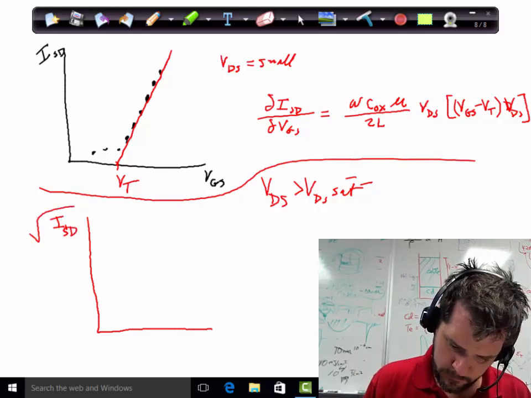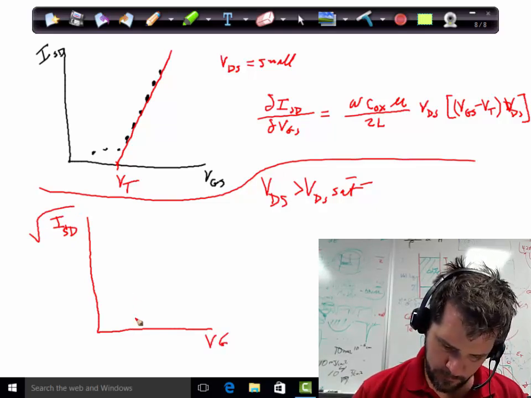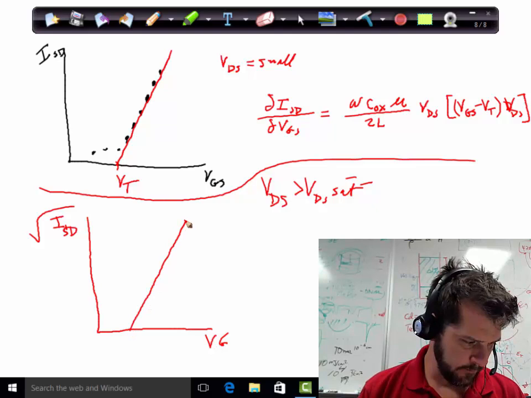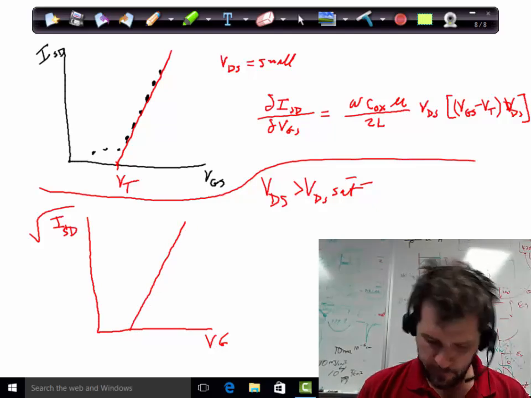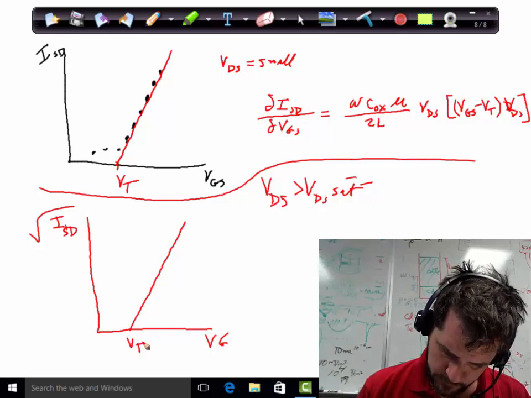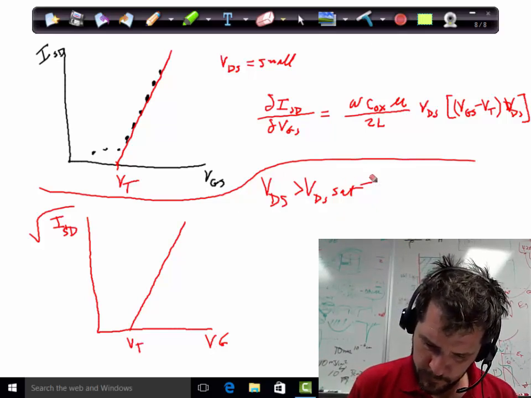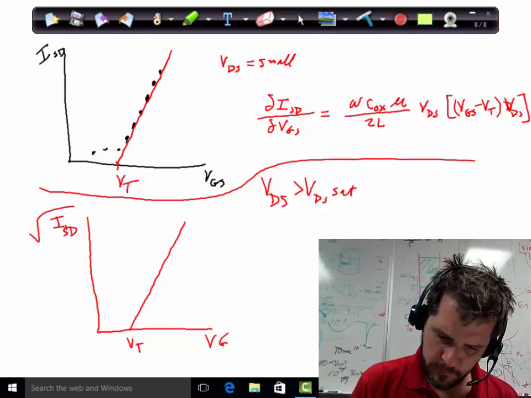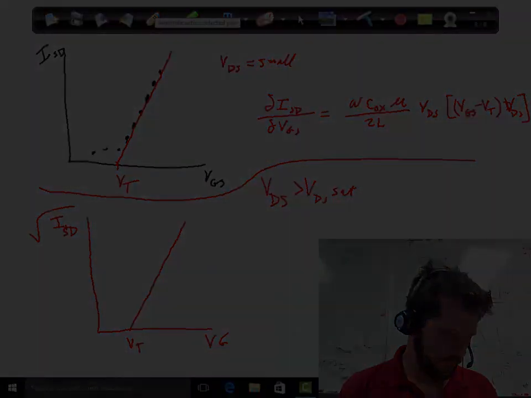ISD square rooted versus V gate. So now you can also find a linear behavior between these, and again that will extrapolate down to V threshold. So in the two different regimes, below saturation and above saturation, you can make two different plots to find the threshold.